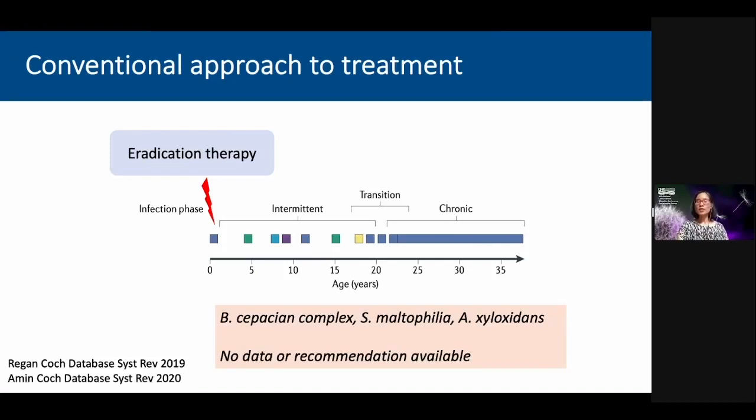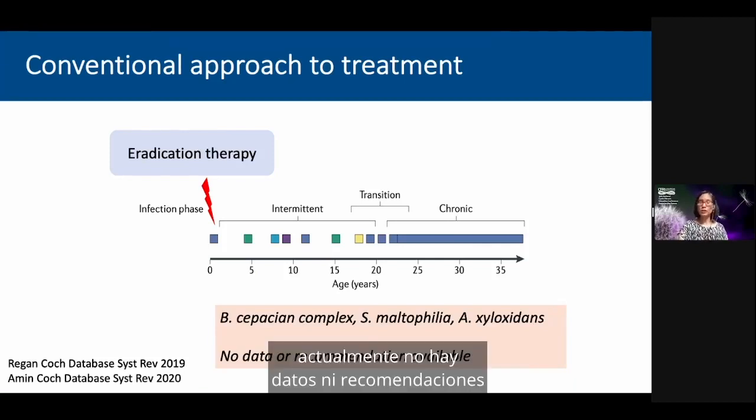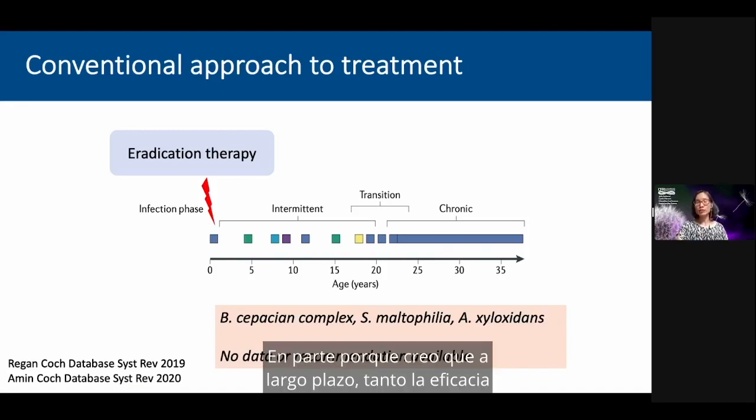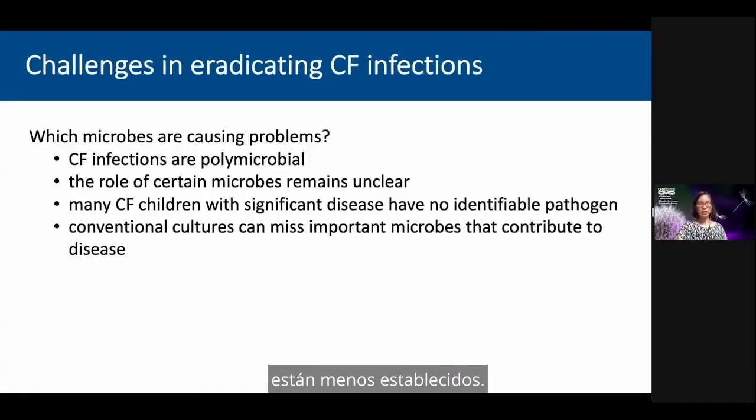With regard to the other organisms, there is currently no data nor any recommendation that would suggest that we should be eradicating them, partly because the long-term efficacy and impact of simply having intermittent infection is less well established.